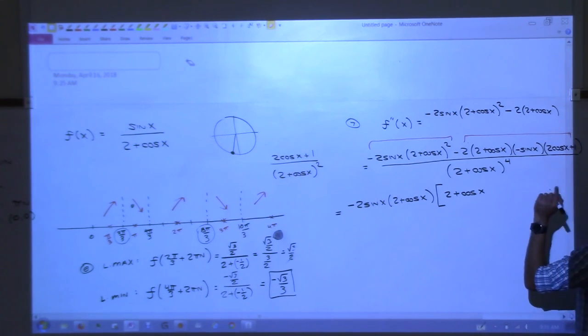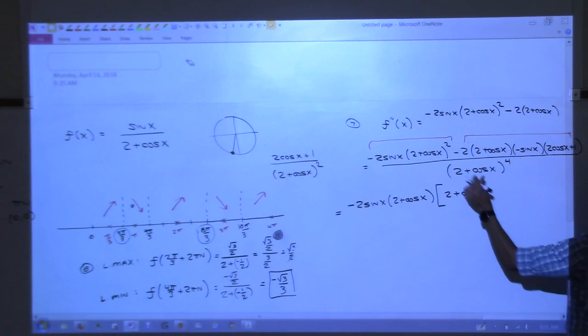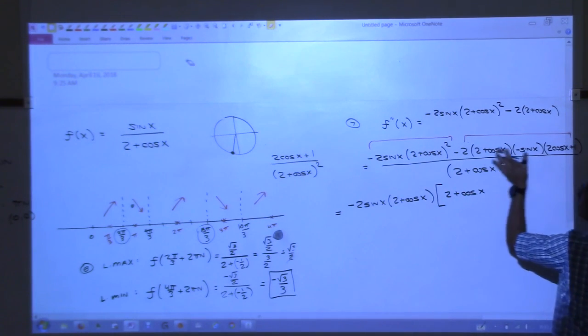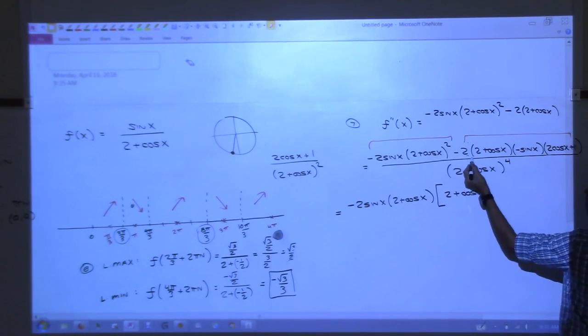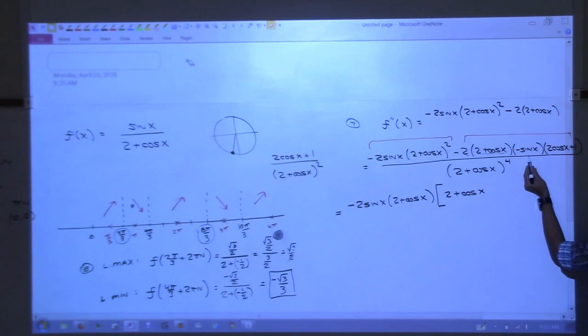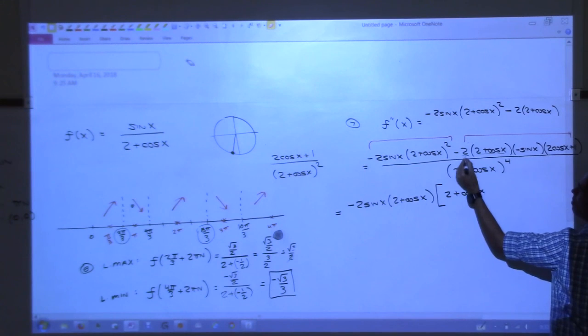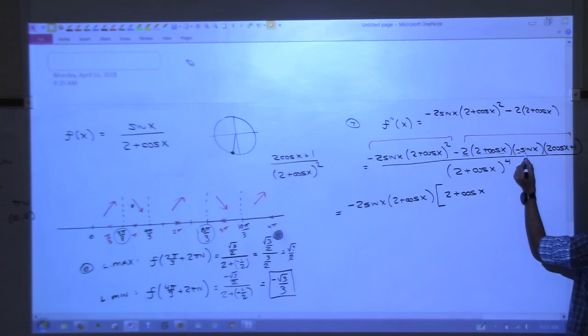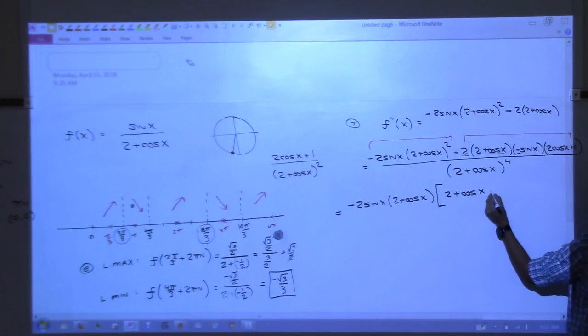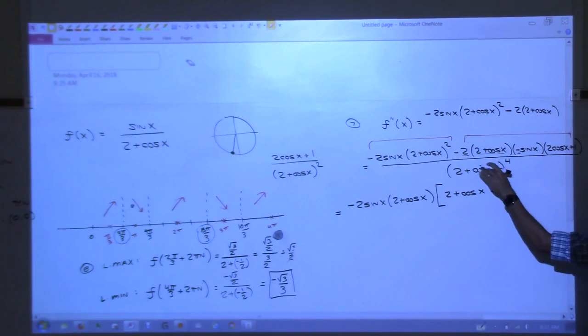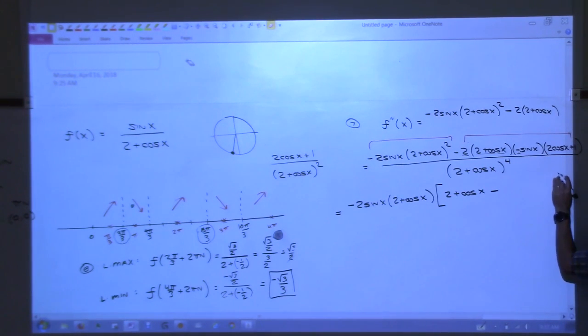Okay, so we've got this. That's what was left here. Now here, I pulled the negative out, I pulled the 2 out, and I'll pull the negative from there. So that leaves me with a minus, doesn't it still? Yeah. So I still have a minus. The 2's gone, that's gone, that's gone.